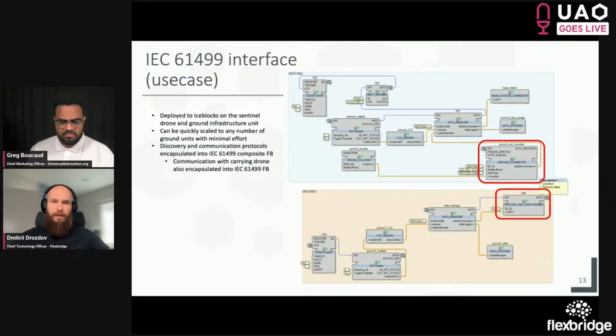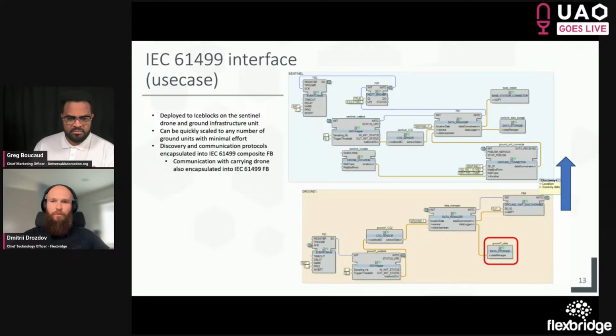And ground connector wraps the service consumer functionality for the drone, which downloads the data. In this specific use case, all data we needed was stored in the ground unit data storage, and only unidirectional data flow was needed from the ground unit to the drone to upload the data.